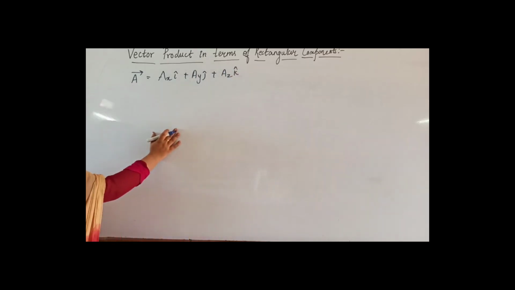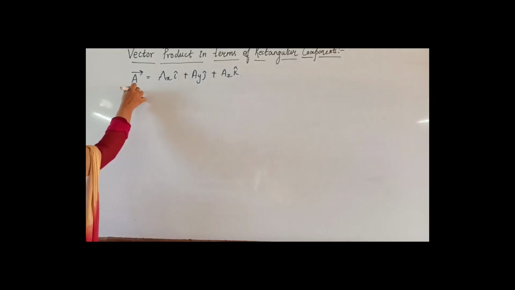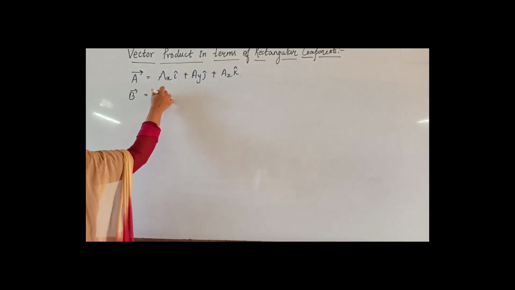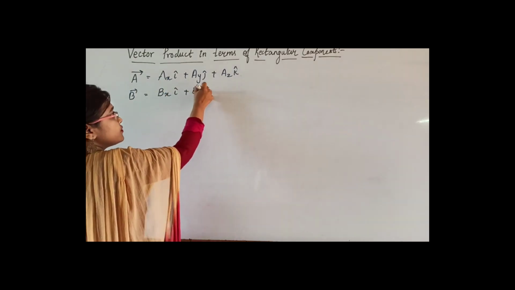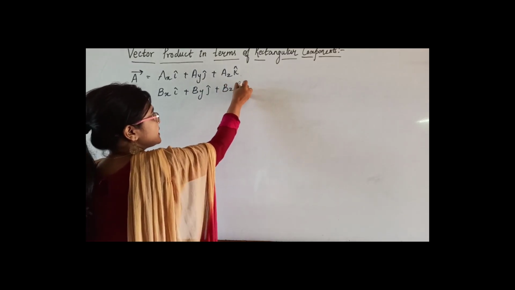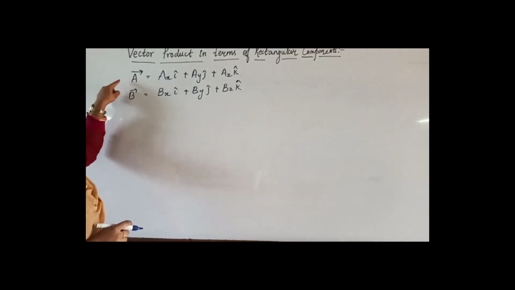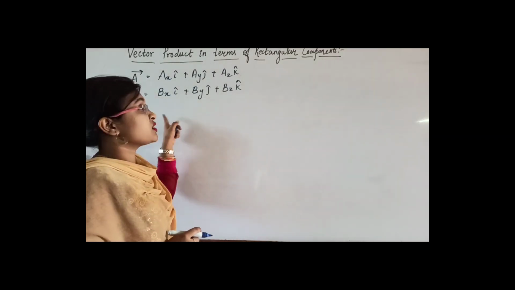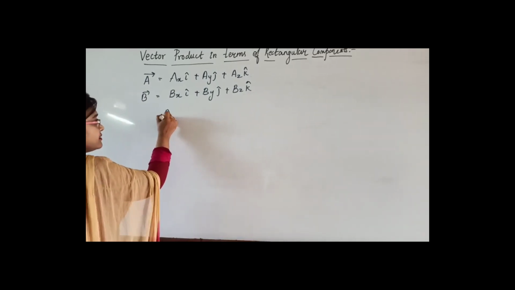I have expressed vector A in rectangular components as well as vector B, Bx I cap plus By J cap plus Bz K cap. Now we will find the vector product of vector A cross vector B in terms of their rectangular components. Clear? So let us start.